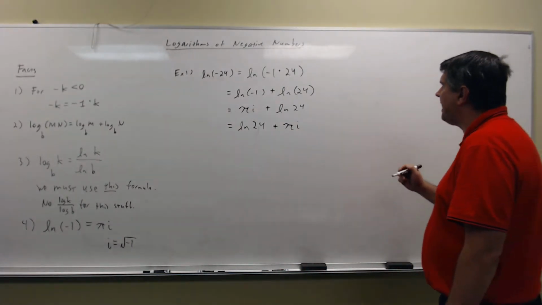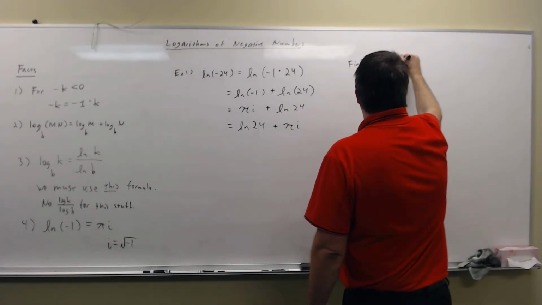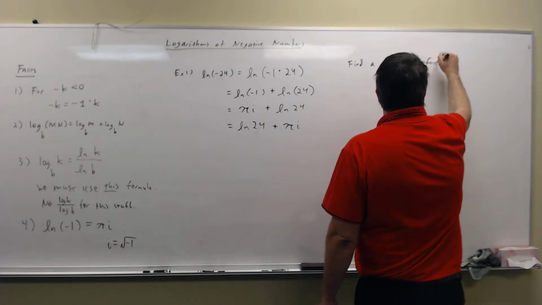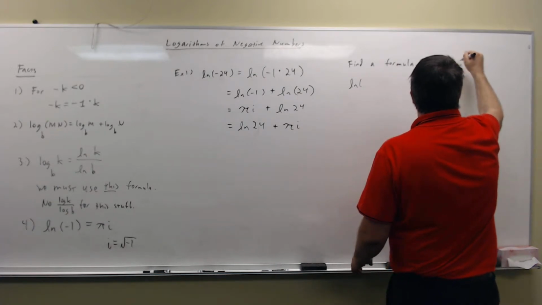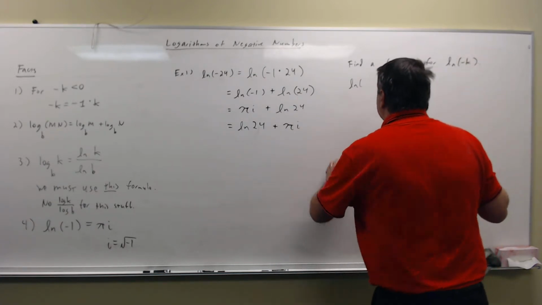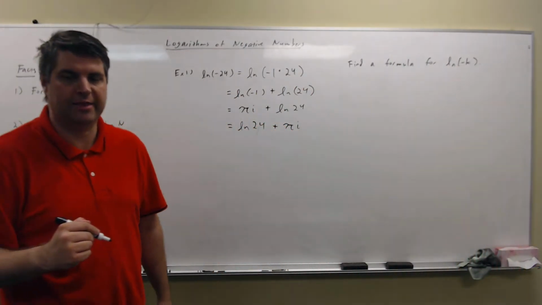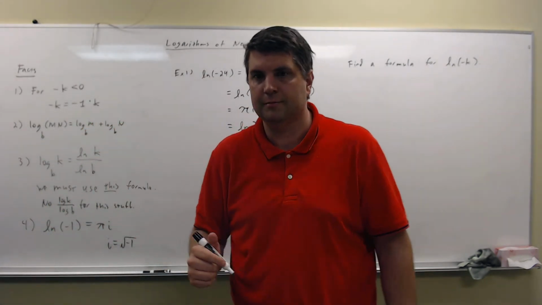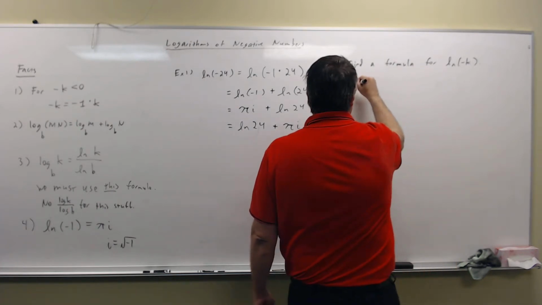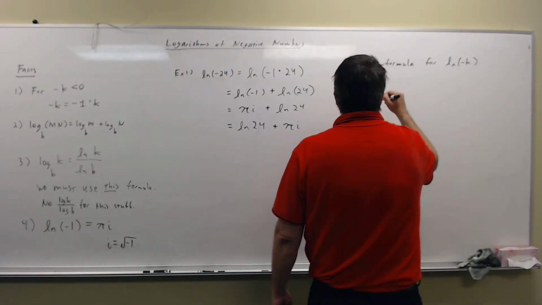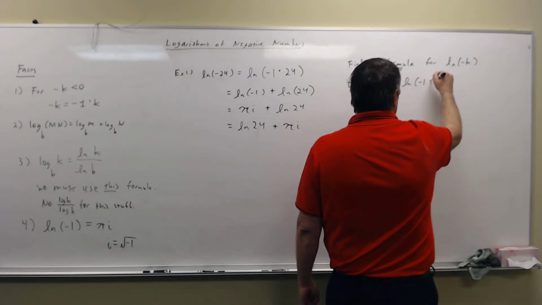All right, but wouldn't it be nice if we could come up with a formula for the natural log of negative k? Okay, so we'll go ahead and set something like that up. The natural log of negative k is equivalent to the natural log of negative 1 times k.